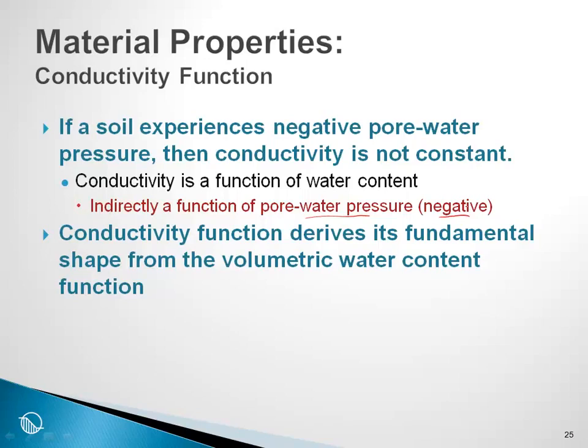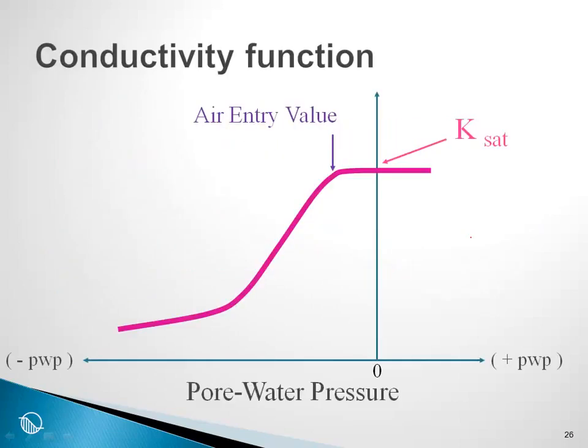And therefore, the conductivity function, the K function, derives its fundamental shape from the volumetric water content function. And as we will see later, we often use the volumetric water content function to establish or estimate the hydraulic conductivity function. The shapes of the two curves are very similar.